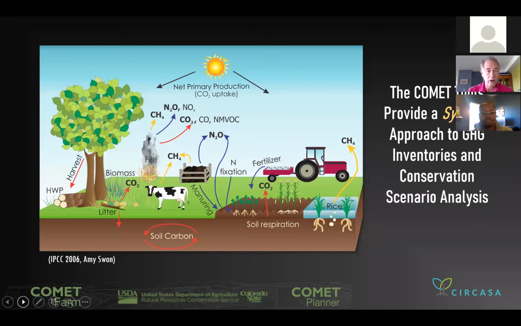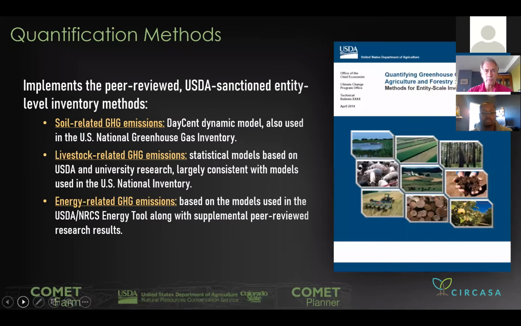Actually, Amy Swan, who's in my research group, at the time developed the cartoon, and I think it's a nice illustration to show the various kinds of both gases and sources that we're dealing with in agriculture. So we've got a lot of different sources, we've got different gases, and we need to really look at the totality of those. So we need a holistic approach.